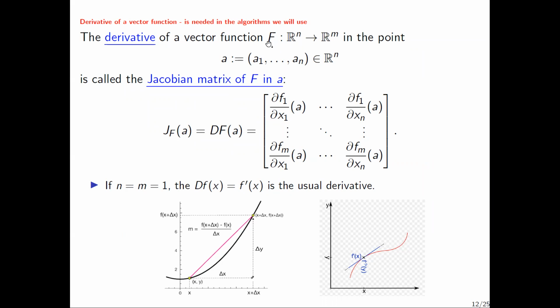And taking the derivative of this vector function capital F is calculating the Jacobian matrix. So in the first row of the Jacobian matrix, we take all the partial derivatives of the first coordinate function, f1, with respect to all variables, so x1 up to xn. And then in the second row, we take the partial derivatives of the second coordinate function with respect to all the variables, and so on.